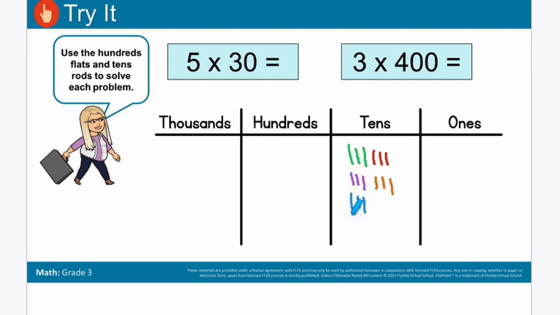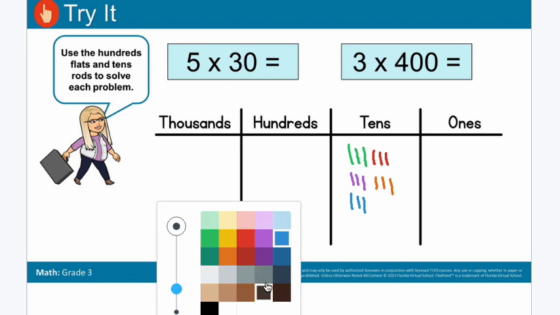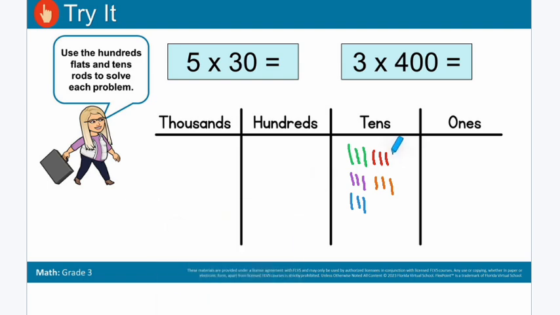So I can go ahead and start down here with this one. I'm going to go 1, 2, 3, 4, 5, 6, 7, 8, 9, and I'll go with this one, so 10. So here are 10 rods that I'm going to regroup over here for 1 flat.